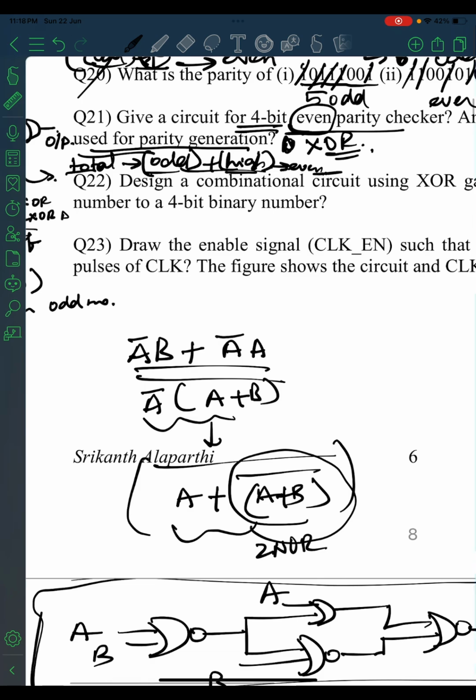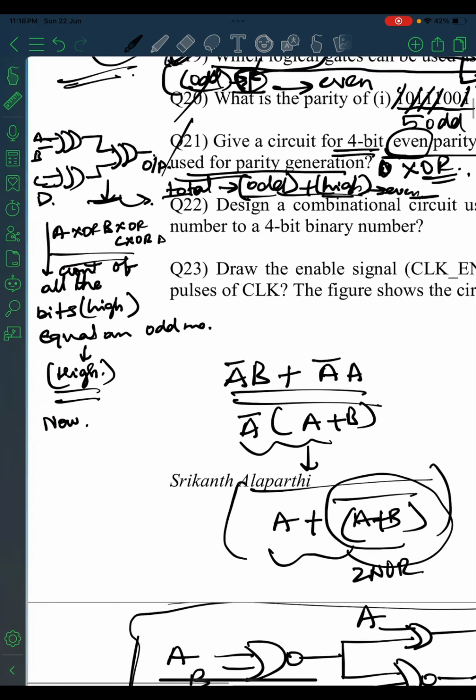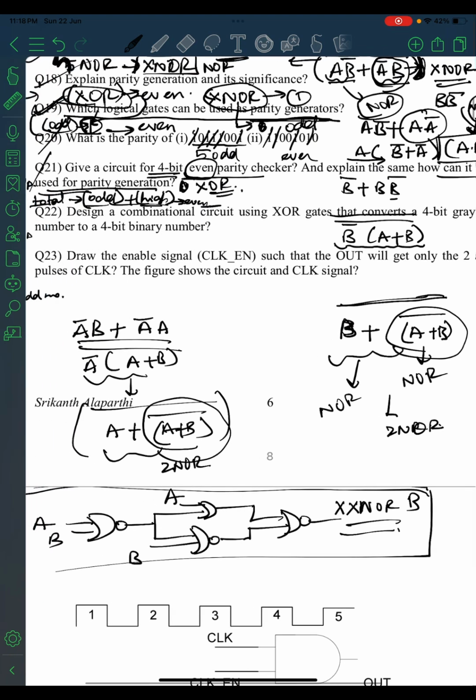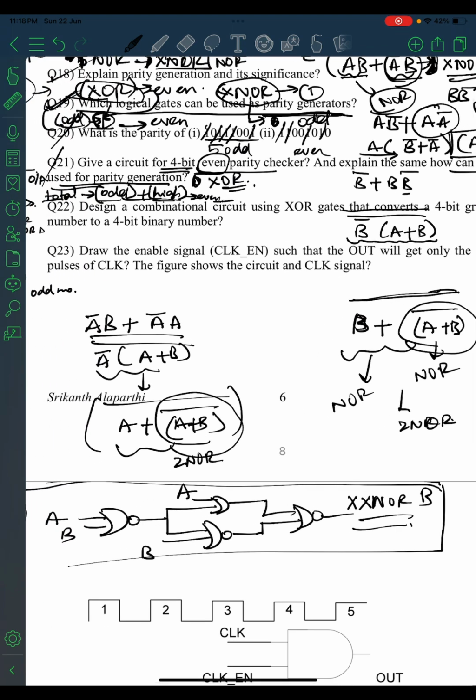Now coming to the 22nd question. Design a combinational circuit by using XOR gates that converts a 4-bit gray code number to a 4-bit binary number. Gray code was already discussed deeply in the previous video. If you haven't seen the video, please go through it. I will put that video in the description.